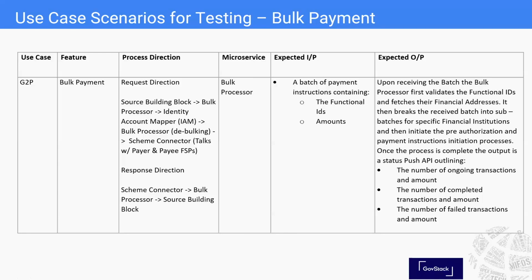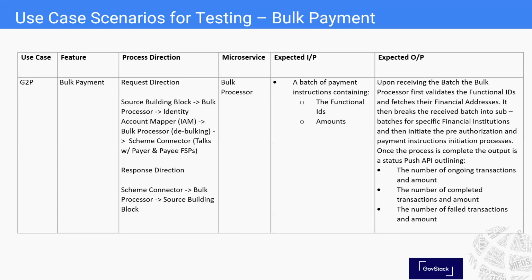All of this communication between the external parties and the payment hub happens through the APIs that are there. And then if there is a sufficient amount, the request is sent to the payer FSP to send out the actual transactions, the small sub-batches that have been created, and all that functionality is there.